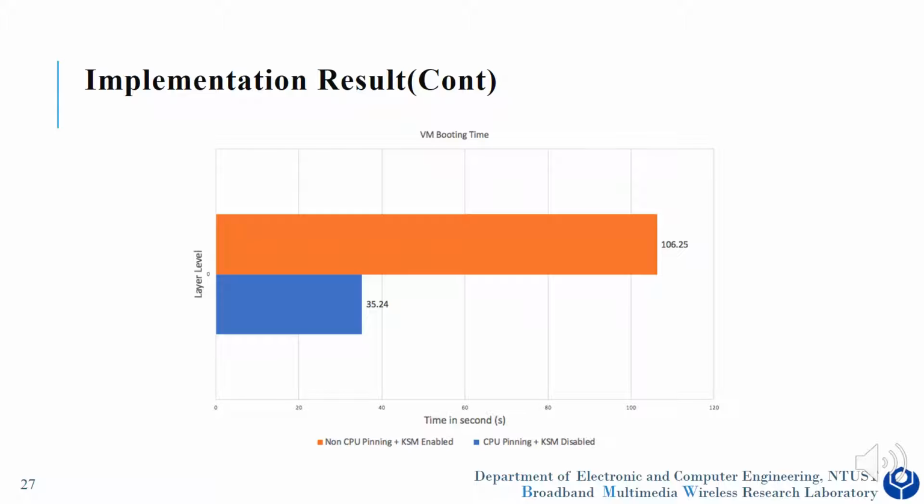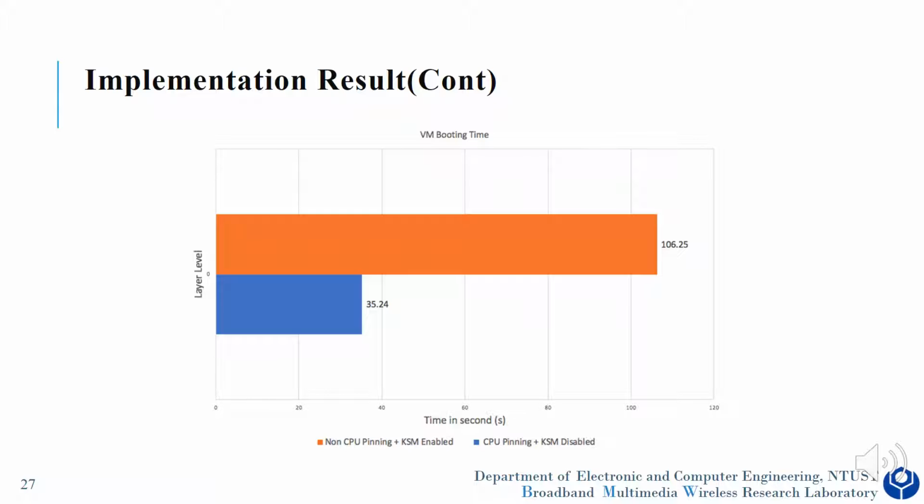For this one, we do the testing for booting time. We record the booting time at layer level 0 and layer level 2. At layer level 2, we have the booting time for the VM. So we want to know if it affects the computational power of OpenStack.